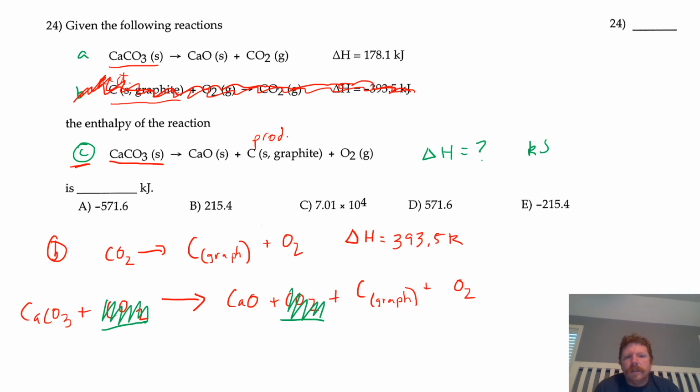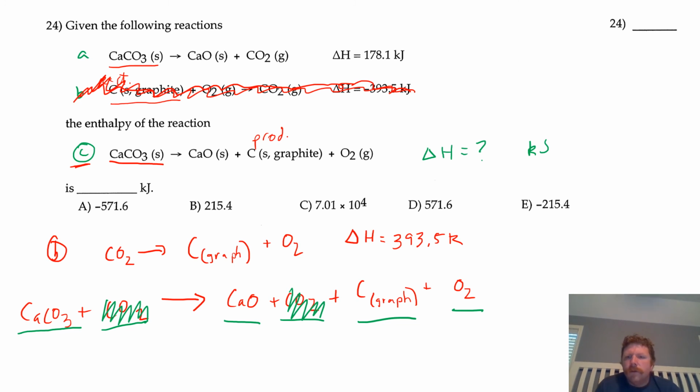So I'm left with CaCO3 producing CaO plus carbon plus O2. Okay, so is everything balanced? I've got one Ca, one carbon on my product side, 3 oxygen on my reactant side, 1 oxygen in CaO, and 2 oxygens in O2, so I'm balanced there.